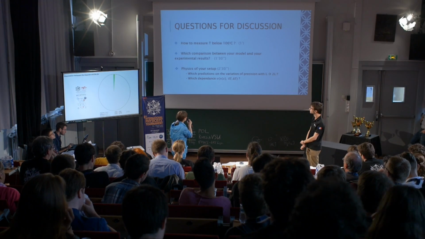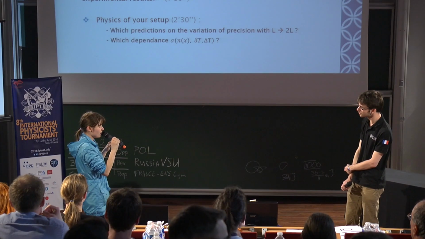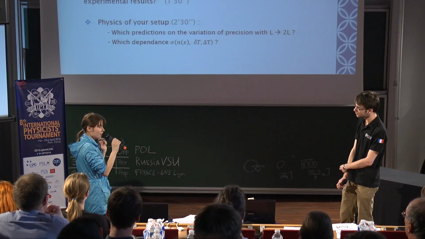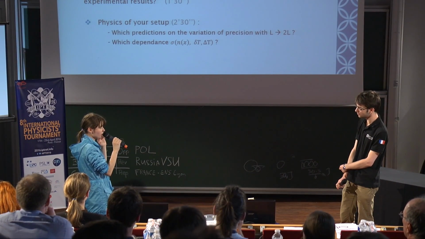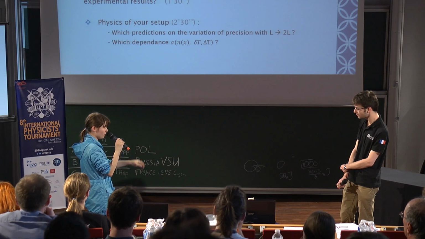So you asked me how to measure the temperature below 100 degrees. For the low temperature, for our laser, it would be quite difficult to measure. The main difficulty, I think, is that the laser rays from a real laser are not absolutely parallel.